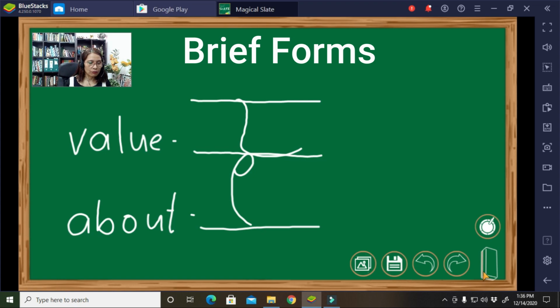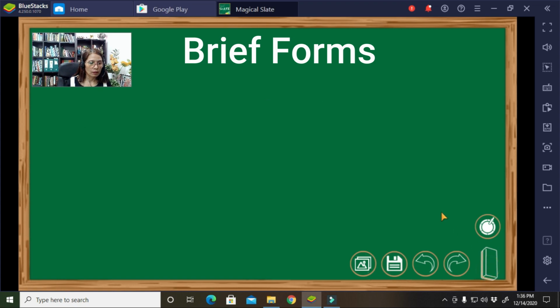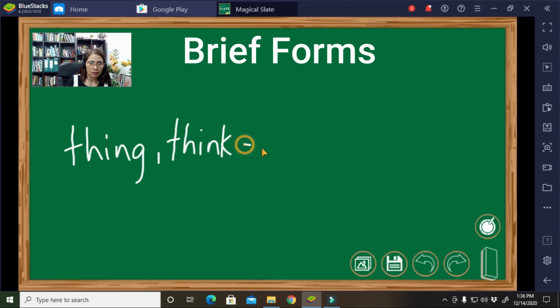Next, let's have another example, like the word thing or think. It has one stroke, and that is the over if, and a disjoint dot which is placed here in the middle.